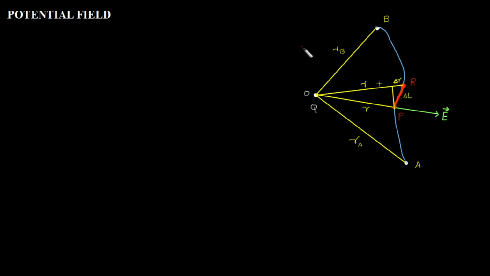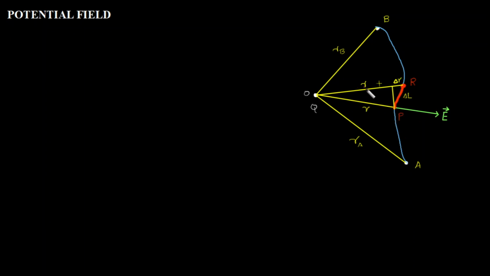Before it is too late, understanding this figure, let us try writing an expression for work done in moving a charge from point P to point R in this path for delta L distance.